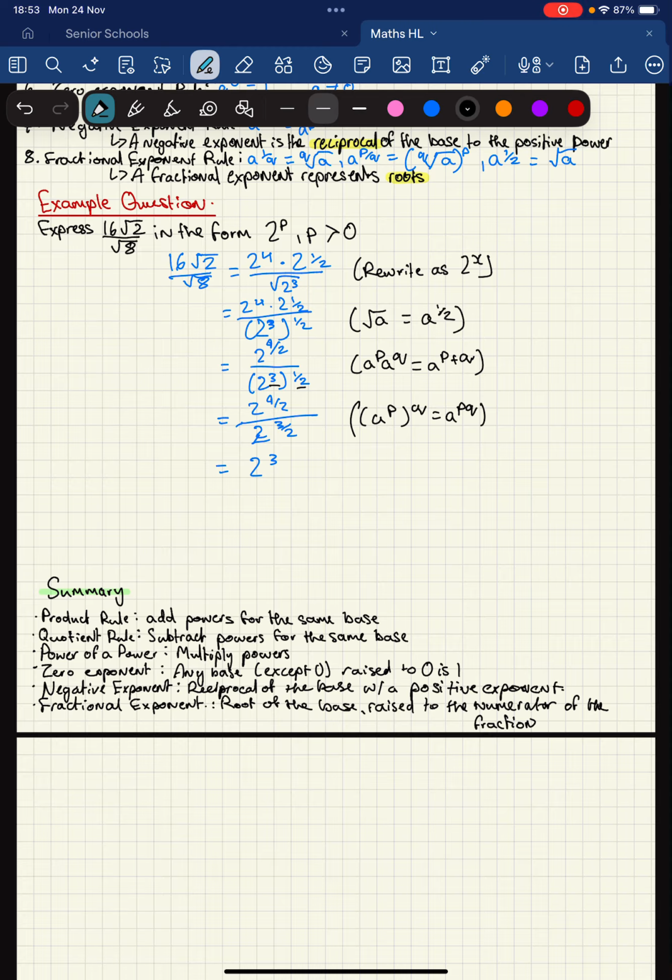The rule we're using here is a to the power of p over a to the power of q is the same as a to the power of p minus q, our dividing rule. So we're just subtracting our 3 over 2 from our 9 over 2, which gives us 6 over 2, which just equals 3, so it's 2 to the power of 3.